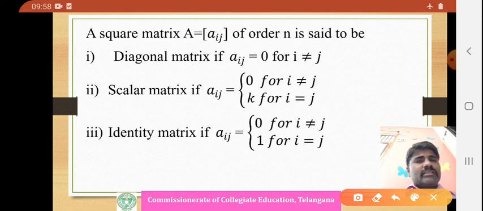And the identity matrix is a diagonal matrix as well as a scalar matrix. The diagonal elements are 1, 1, 1, 1 only, and all remaining elements will be 0. This is the identity matrix.